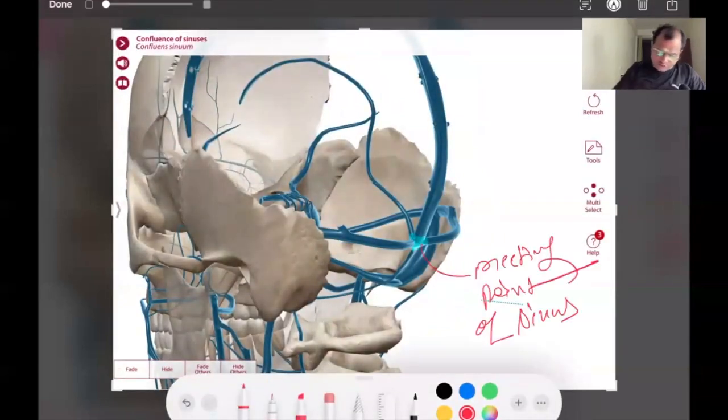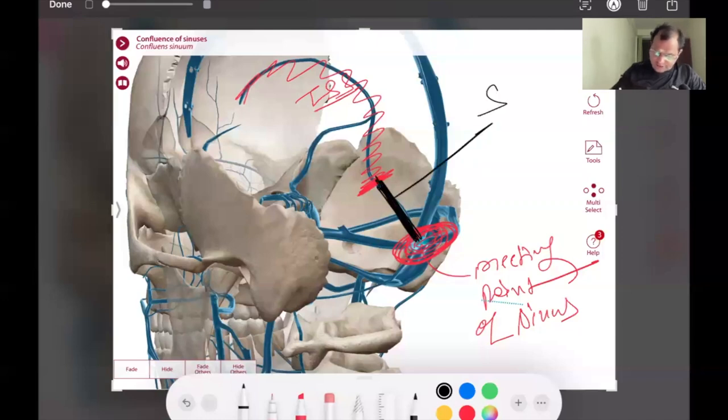So when the inferior sagittal sinus meets the confluence of sinuses, it is this inferior sagittal sinus only till here. Then the connection happens with this structure, which is a very straight structure. So this is called the straight sinus.